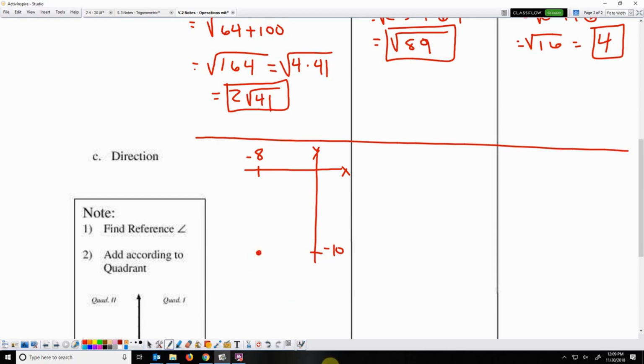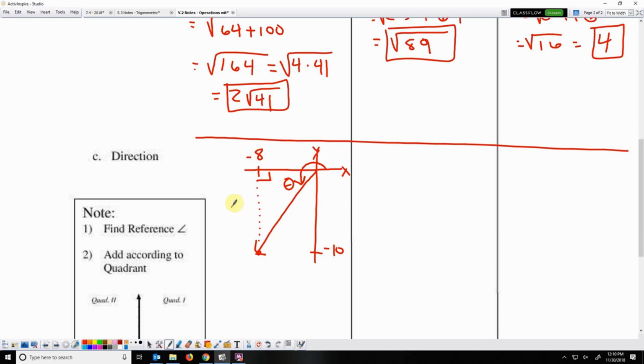Okay, so the vector looks like that. The direction has to give me that standard angle measure. Okay, so I'm going to turn this into a right triangle, and I need to find that angle right there.